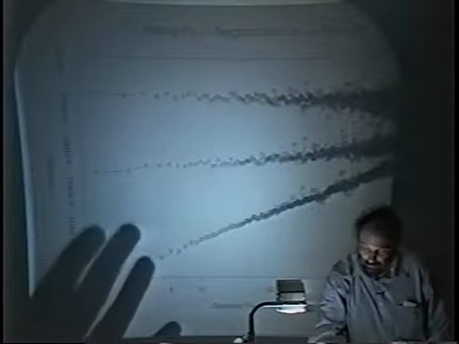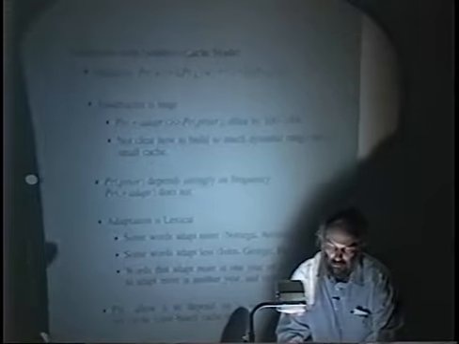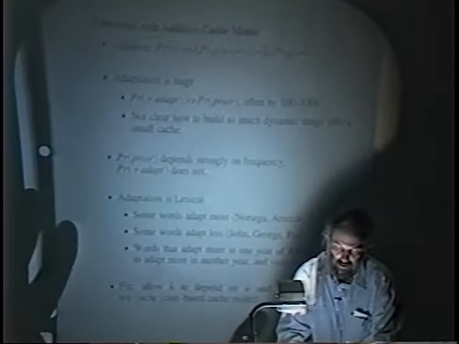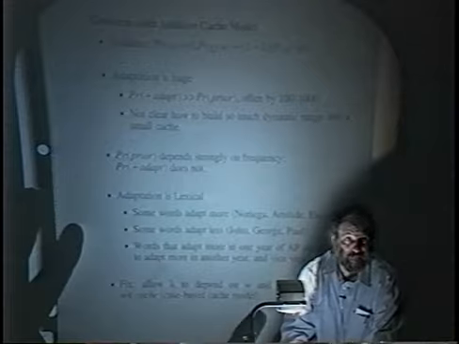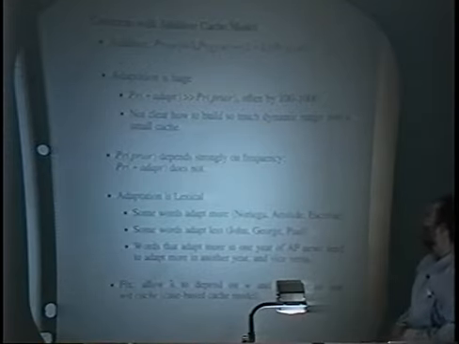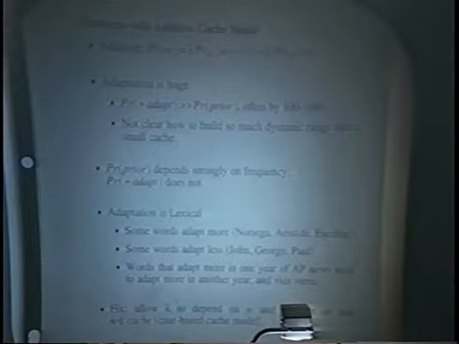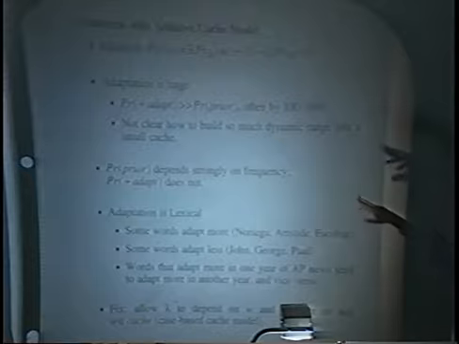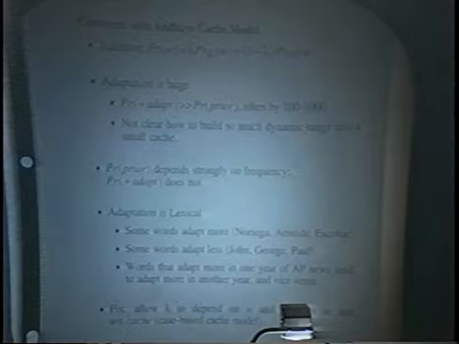I believe it's true, and I believe it's not well described by many of the existing adaptive language models. In particular, the additive language model, I think, has a problem because, first off, as we're arguing a number of times, the positive adaptation is much, much larger than the prior, often by 2 or 3 orders of magnitude.